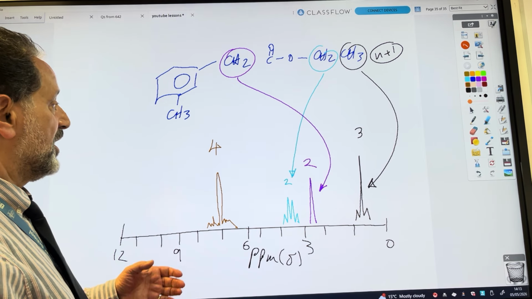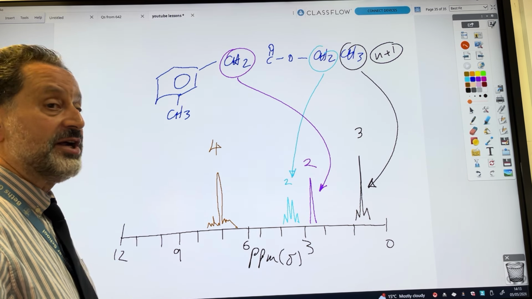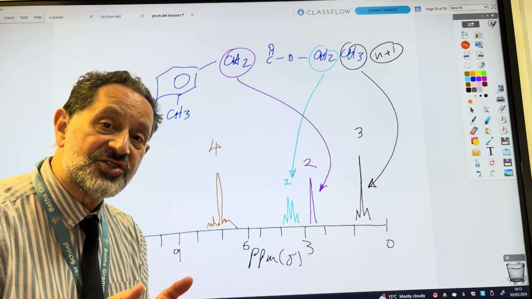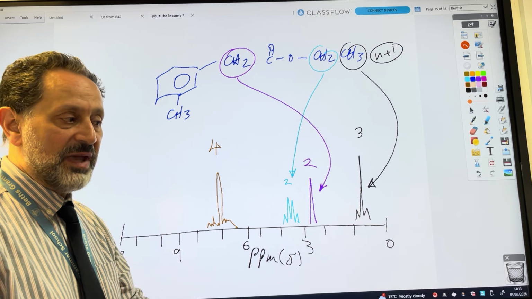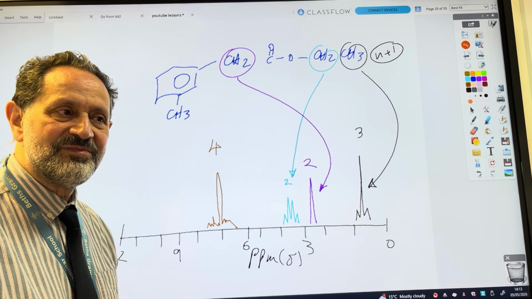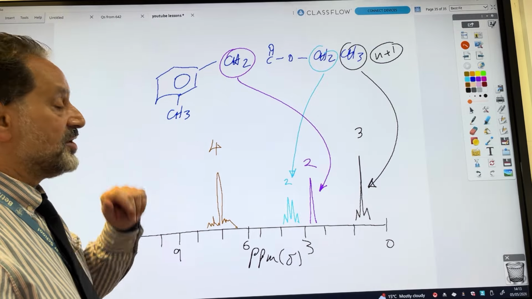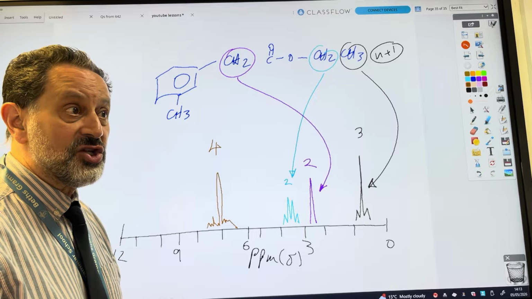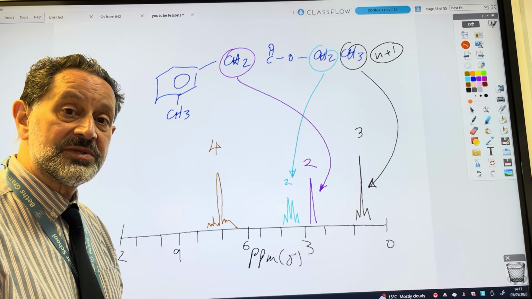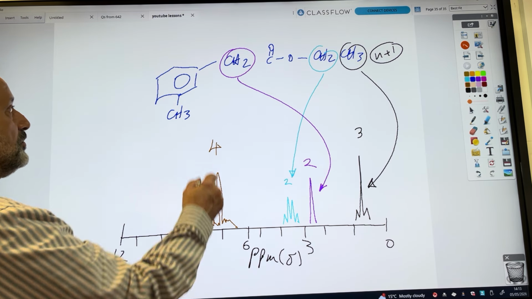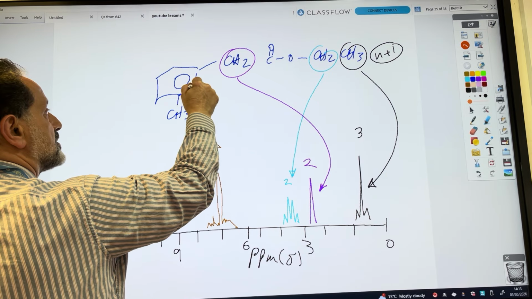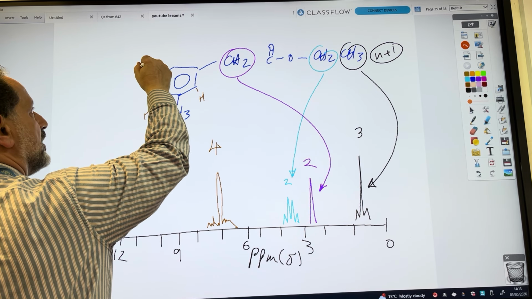Why? Because if, for example, you've got 4, it means you have a di-substituted aromatic system. Benzene has 6 protons, doesn't it? But if you read that it's got 4 protons, it means in 2 positions it's been substituted. So any of these protons that I'm drawing in brown are there.